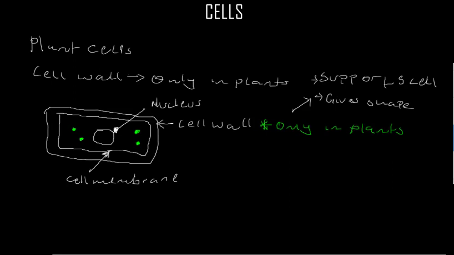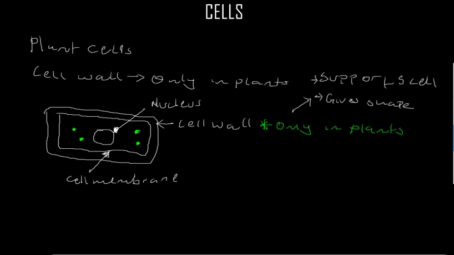The chloroplast is the spot in a plant cell where photosynthesis takes place. So you know what photosynthesis is? Photosynthesis is a process by which plants make their own food. For that to happen, they need chlorophyll. The chlorophyll is stored in the chloroplast, and the chloroplast is where photosynthesis takes place.